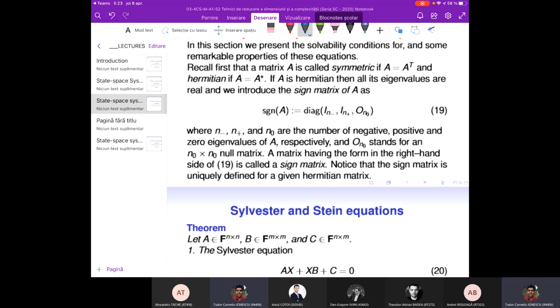This sign matrix is uniquely defined for a Hermitian matrix. Why? Because the eigenvalues are unique. So that means that the sign of a Hermitian matrix never changes with coordinate transformations.